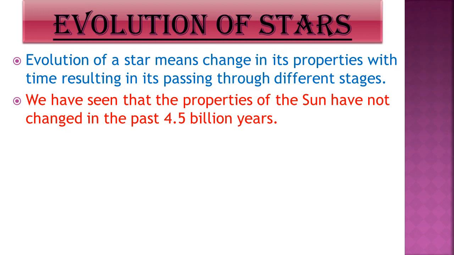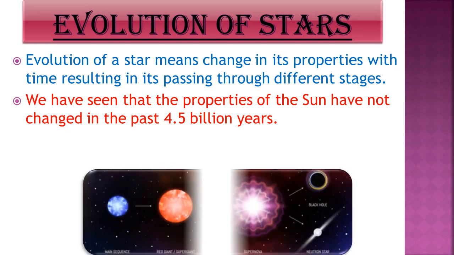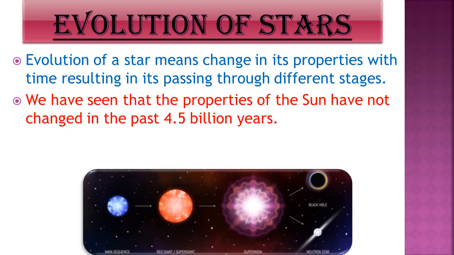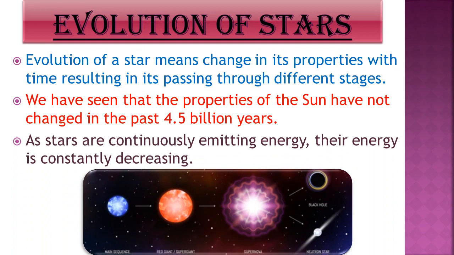That means the properties of a star change very slowly during their lifetime. And as stars are continuously emitting energy, their energy is constantly decreasing. As light energy is emitted continuously by the star, the energy will be decreasing.